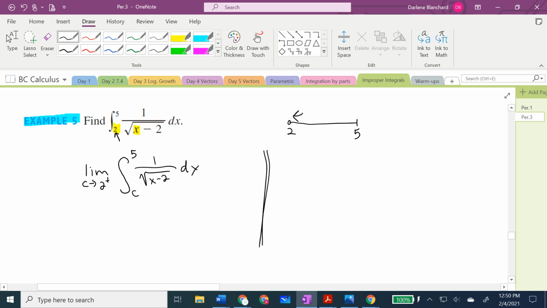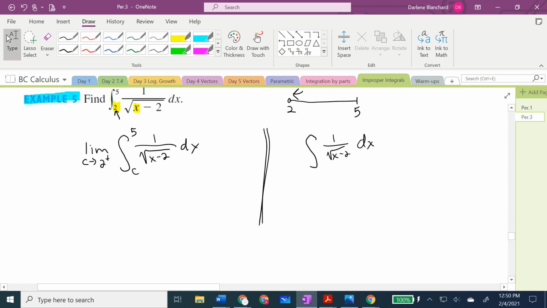Then to the side, I'm going to take the improper integral and solve it. I'm going to show the u substitution quickly. If u is x minus 2, du dx is 1, meaning du is equal to dx. And I have the integral of 1 over root u times du.